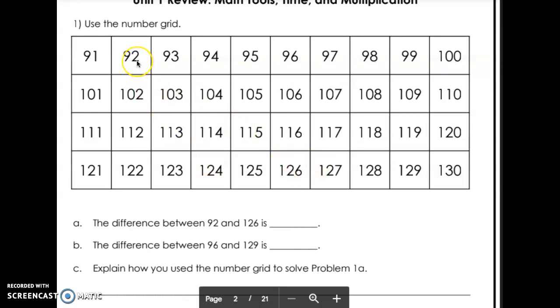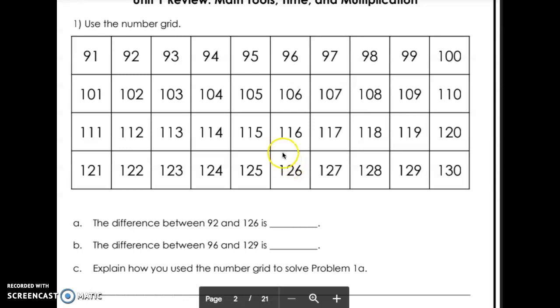Remember, every time you go down this way it's 10. So from 92 to 102 is 10. Then it's 20. Then it's 30. And then every time you go across, it's just 1. So 31, 32, 33, 34. So there you go. That's how you do it.